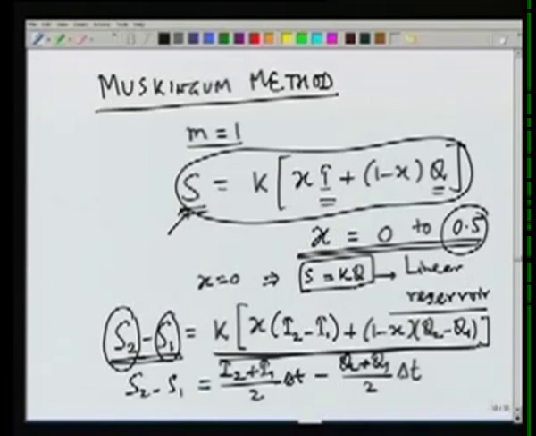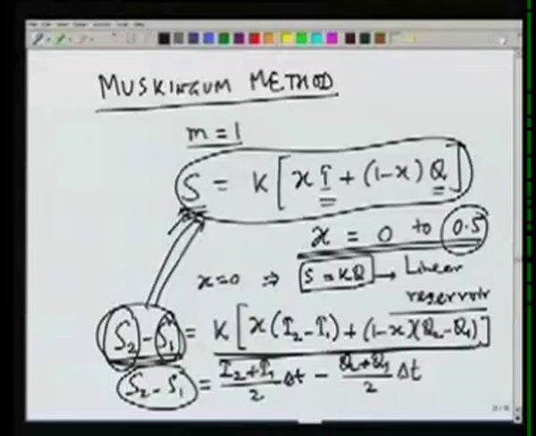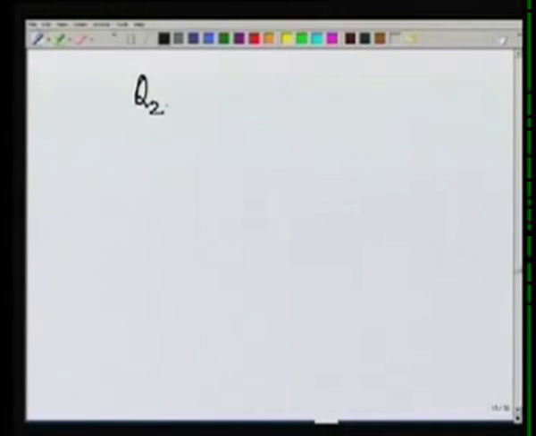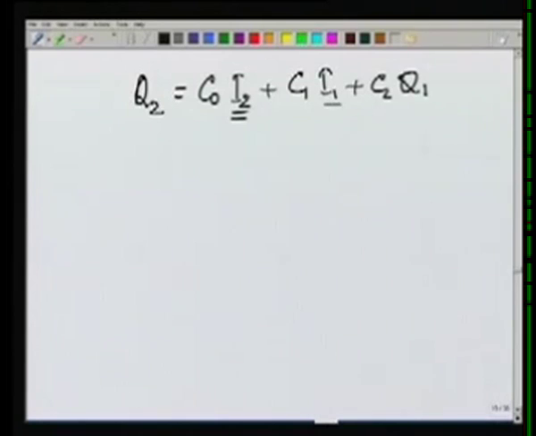So we get two equations, one for S2 minus S1 from the continuity, one from the Muskingum relationship between S, I and Q, and using these two equations, equating them, we can write Q2, which is the unknown, in terms of the known quantities I2, I1 and Q1. So I2 and I1 are known because I is known for all times, Q1 is known because at the beginning of the time step we assume that Q is known.